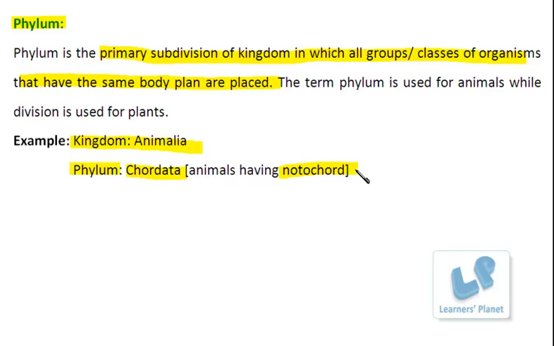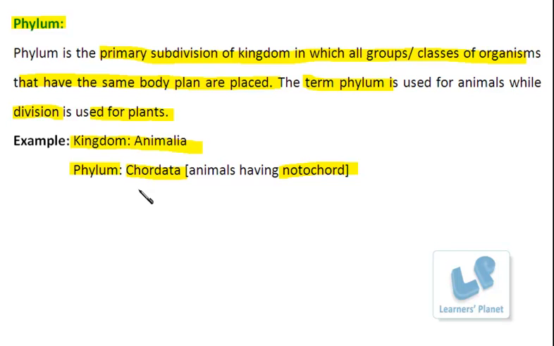Another point is that the term phylum, as I already said, is replaced by the term division when we are discussing the subclassification of plants. So over there, kingdom Plantae will be subdivided into divisions.